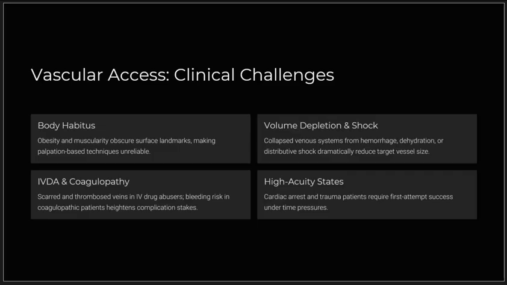Also, think about patients that come in with really low blood pressures, whether that be from hemorrhage, dehydration, or distributive shock. These vessels will reduce in size as the patient goes through volume depletion, making these vessels much more difficult to palpate.